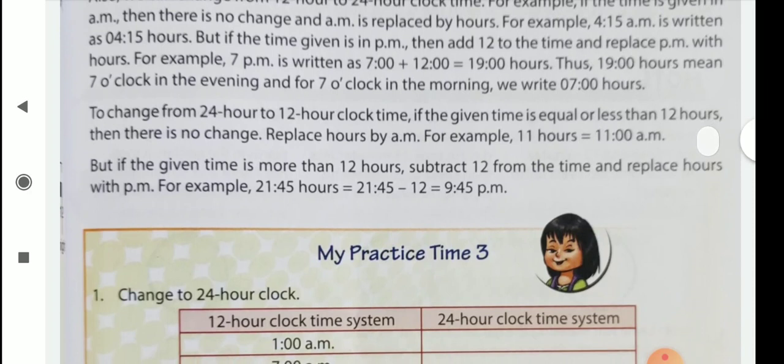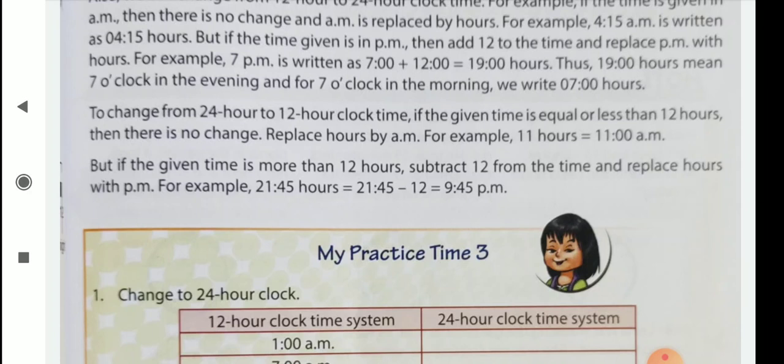Then to change from 24-hour to 12-hour clock time, if the given time is equal to or less than 12 hours, then there is no change. Replace hours by AM. For example, 12 hours or 11 hours equal to 11 AM.